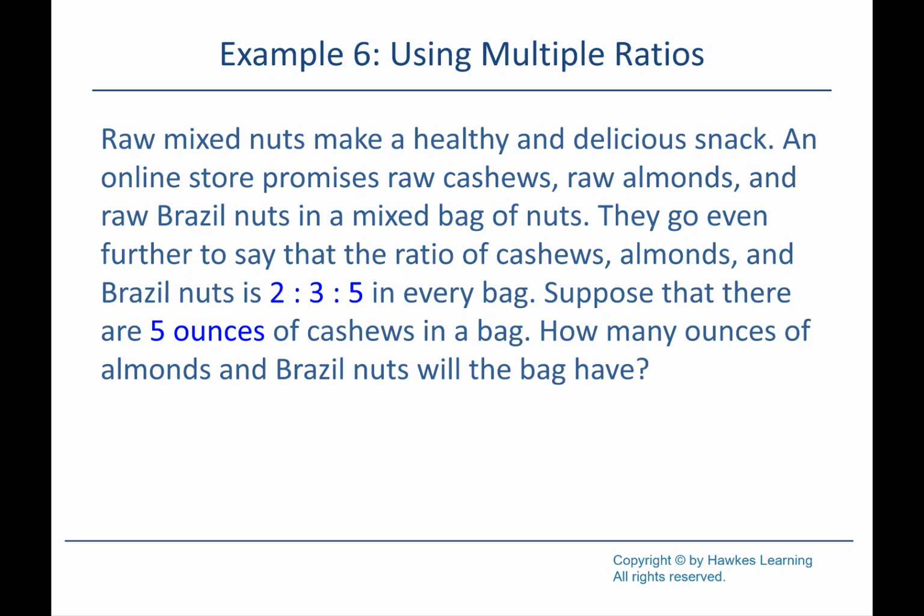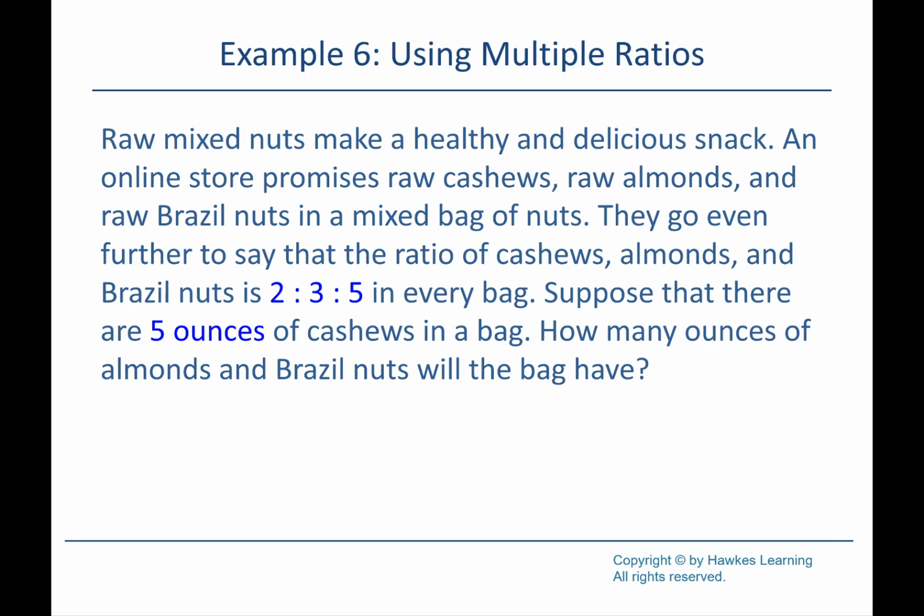So this one looks a little different. We have to make sure we're reading it and figuring out which numbers in our ratio go with which type of nut in this case. So it says the ratio of cashews, almonds, and Brazil nuts is 2 to 3 to 5. So that's the order they're going to be in.